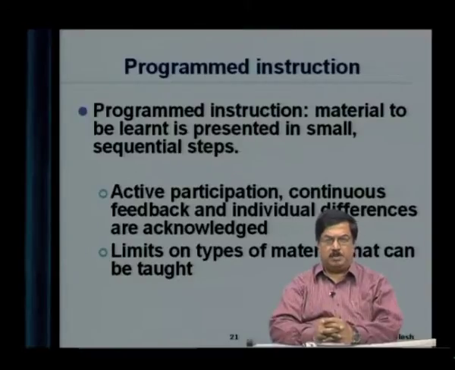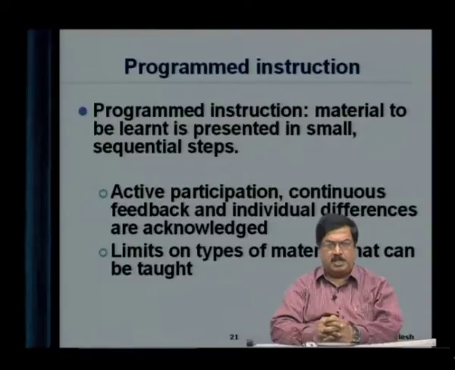So in programmed instruction, a series of steps and situations are defined, a series of explanations need to be provided, and the alternatives must be arranged in such a way that they enable learning about what is the correct thing, what is not so correct, and what should not be done at all. So active participation, continuous feedback and some individual differences are acknowledged in programmed instruction.